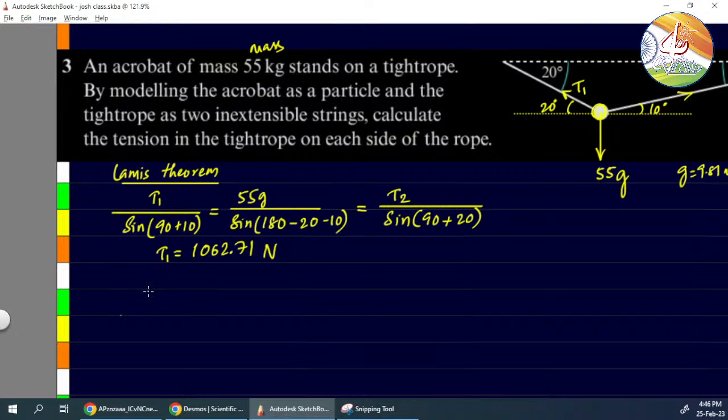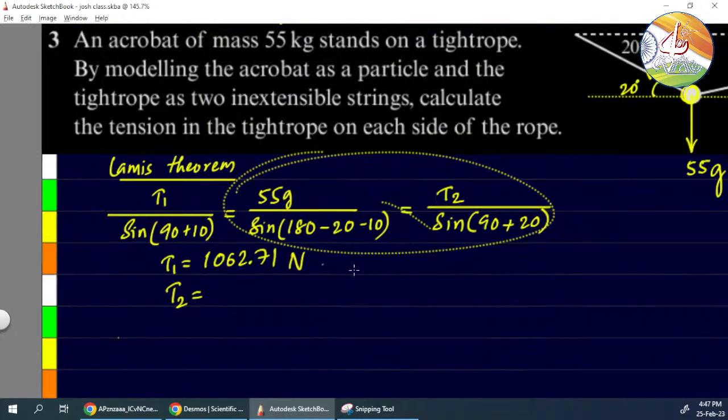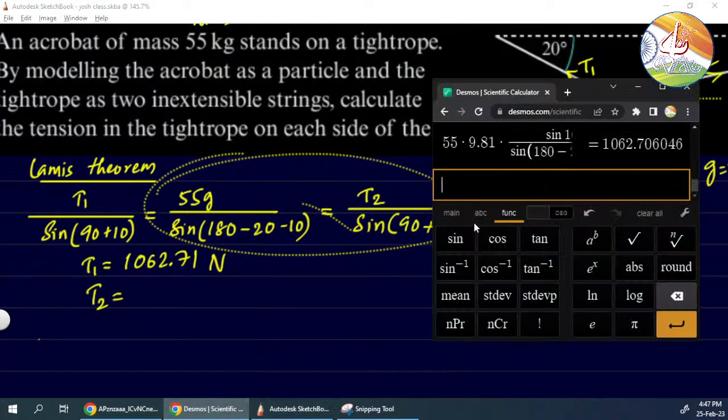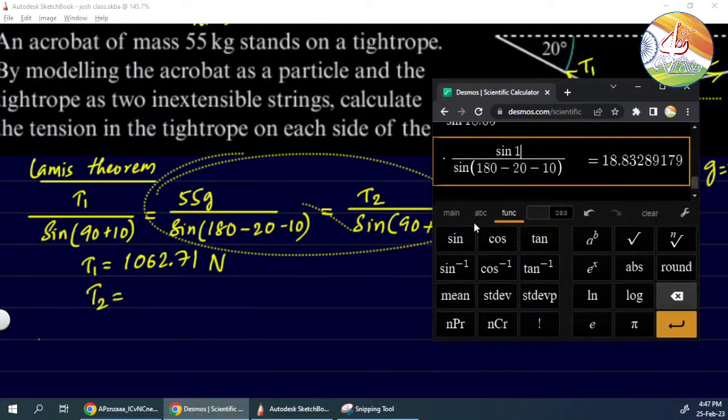The same way we need to find tension T2. In order to find T2, we have to take these other two equations. Again cross multiply, so this goes upwards. Now the angle is 90 plus 20, which is 110, right?